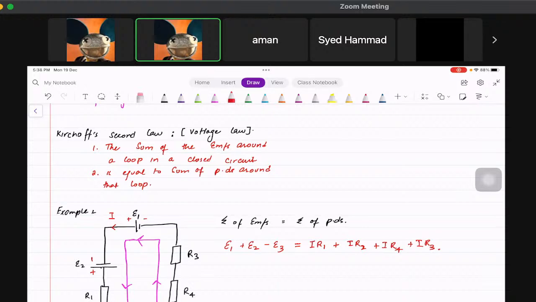Now, please write this note that the second law obeys the law of conservation of energy because it's talking about energy per unit charge, which is voltage.